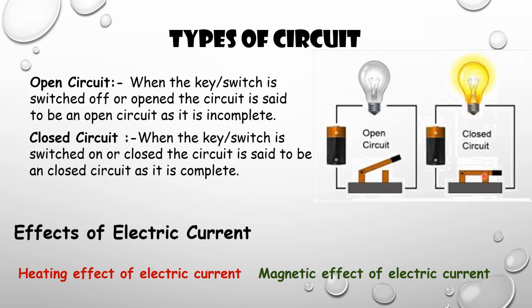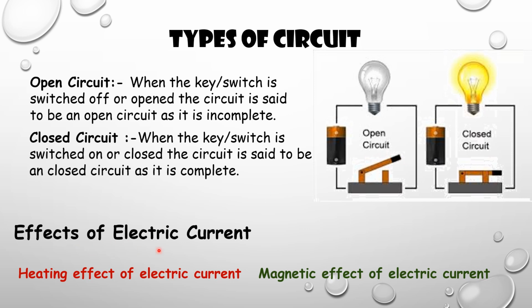See here, this is the switch, and here the switch is in the on position, or we can tell that this is closed. So that time current can pass through it and the bulb glows, and this is a complete circuit. But this is an incomplete circuit.